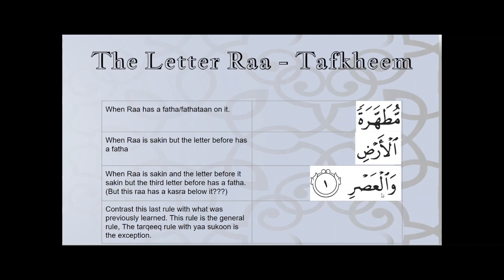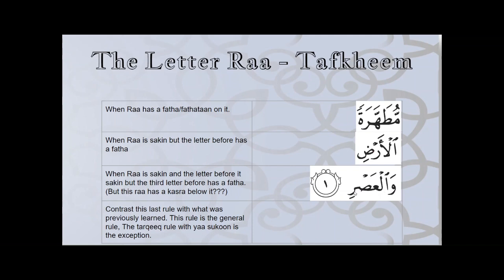Wal asr. If we continued, and you must have heard plenty of reciters doing this, wal asri innal, because we continued and did not stop on this ra, this no longer is a ra sukoon. This is a ra maksura. And because ra has a kasra below it, and we remember the rule of tarqiq, a ra kasra is always pronounced light.